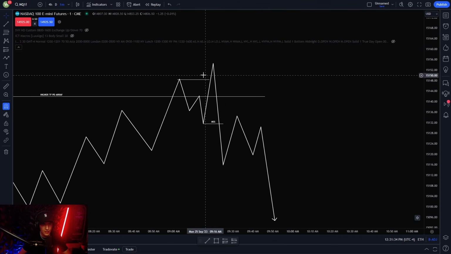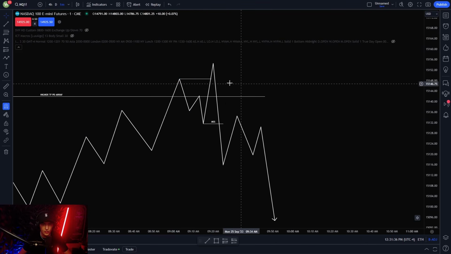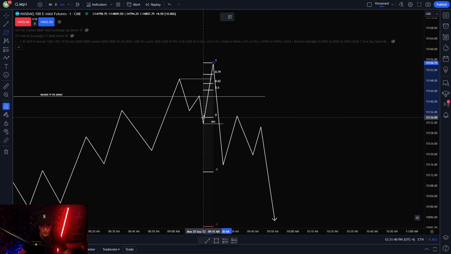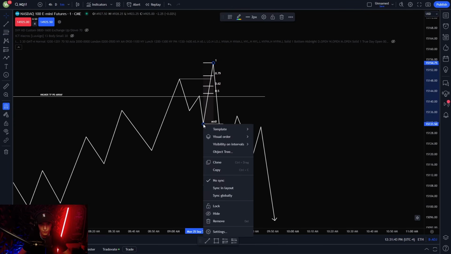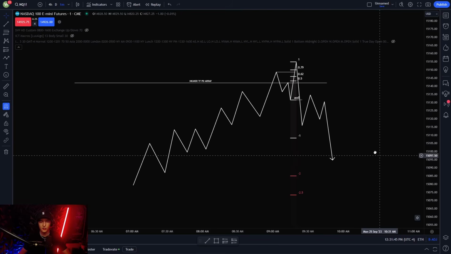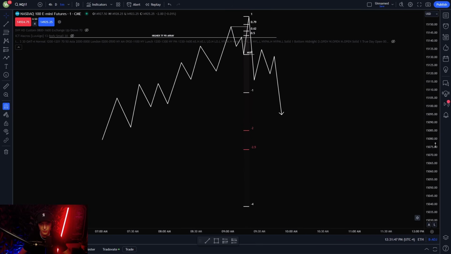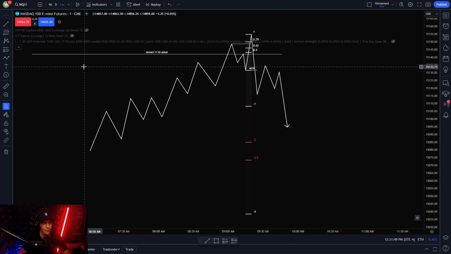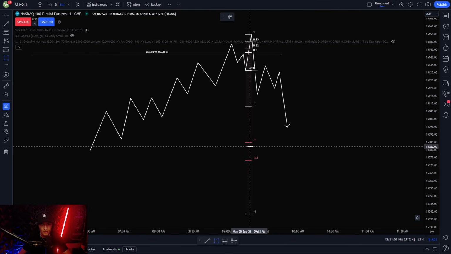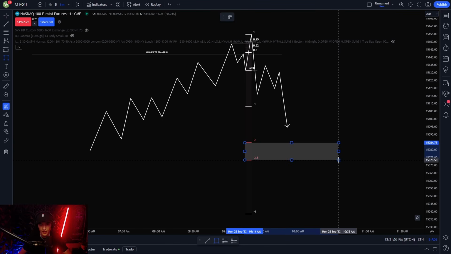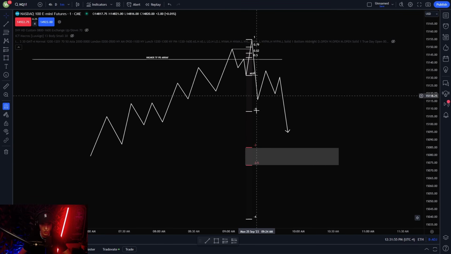Now, standard deviation is going to give us an idea in a projection of that. The way that we would draw this in is we go from the high to the low of this move, and this is going to give us projections for where we think the market is going to go. My main target is going to be this 2 to 2.5 area on standard deviation.